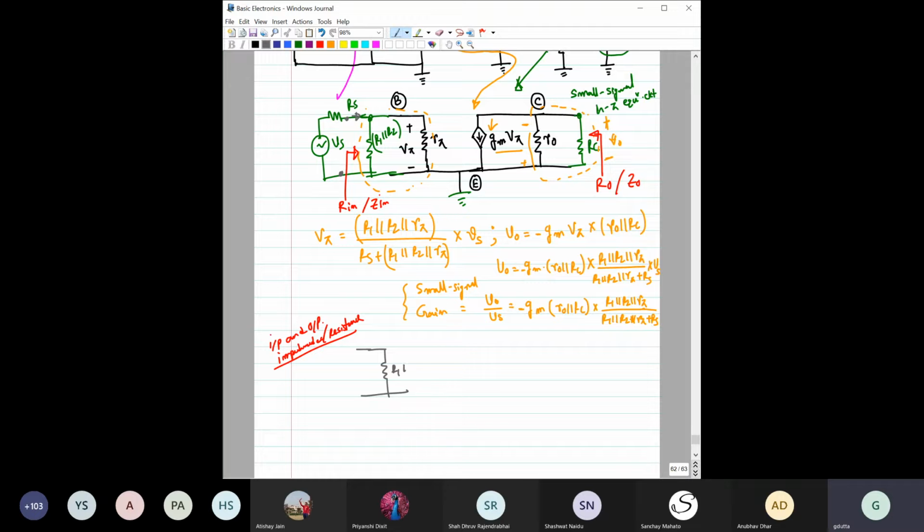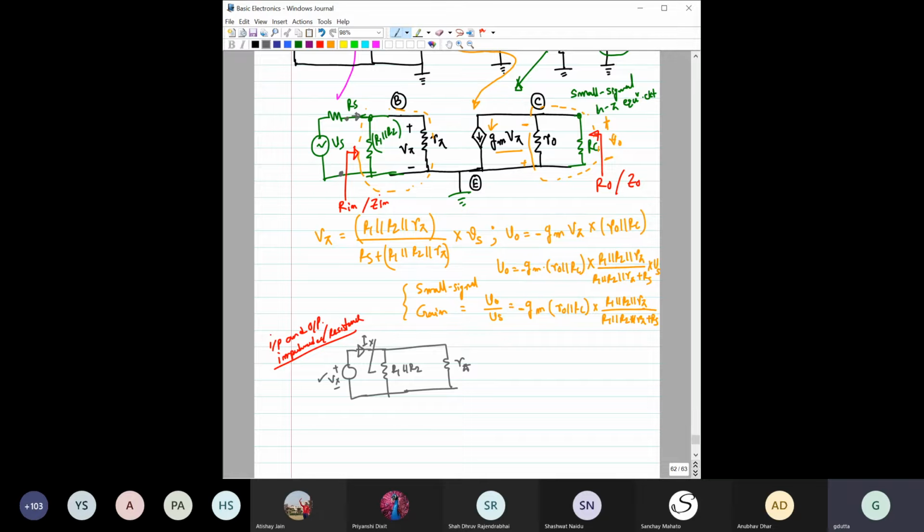Eventually you should not do this, because by seeing only you should be able to tell this. It is basically this R pi. Now here you can add a known voltage, say we are adding Vx, and then we have to find Ix. If this is known and you are able to find Ix, then Vx by Ix will give you the equivalent resistance.